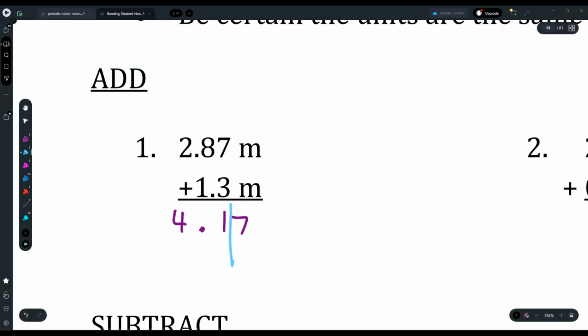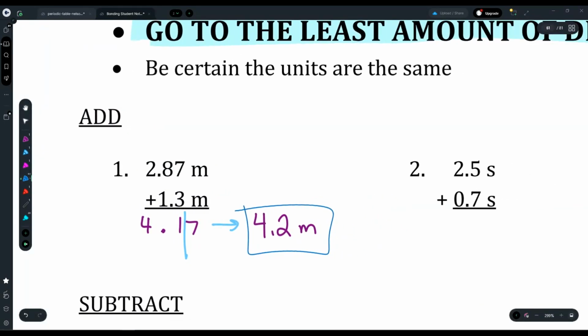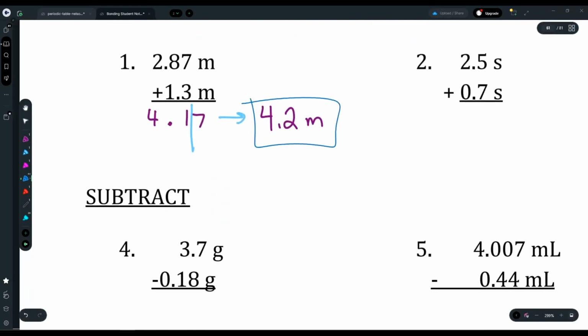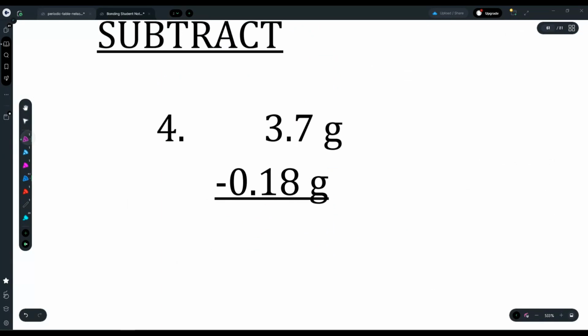Okay, so that means my answer should be 4.2, and then I'm going to include units, meters. If I look at subtraction here, so 3.7 minus 0.18, that's going to give us 3.52.